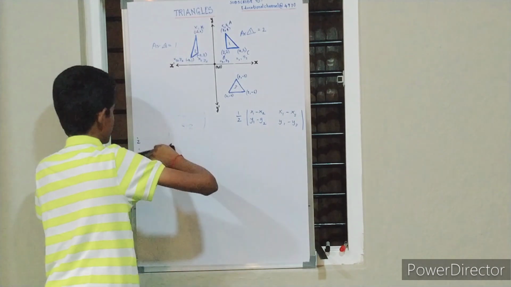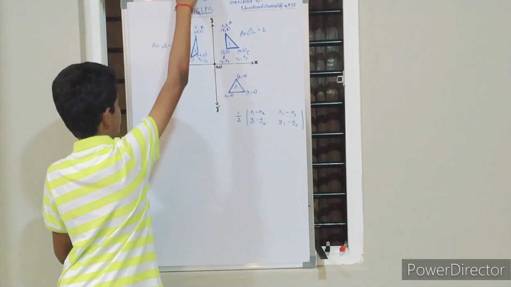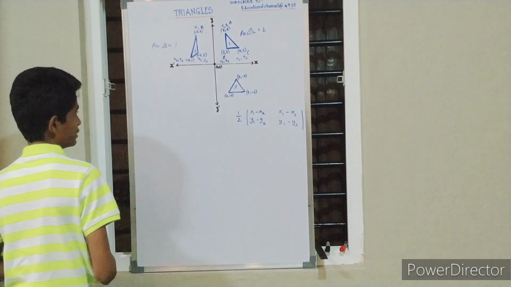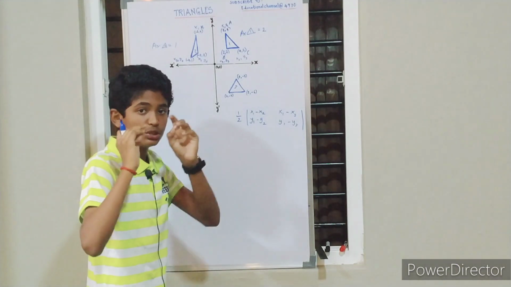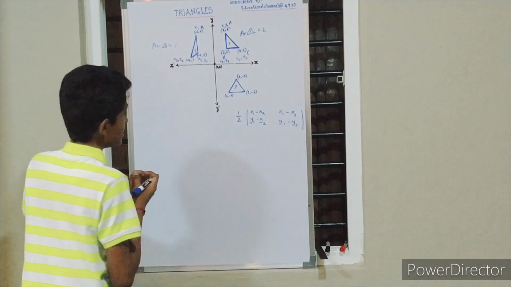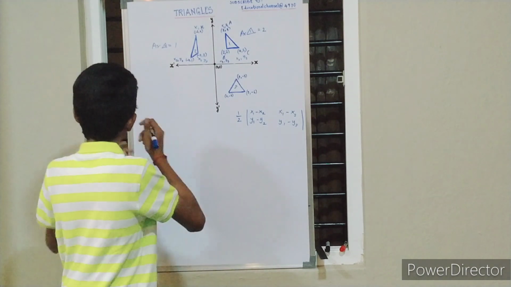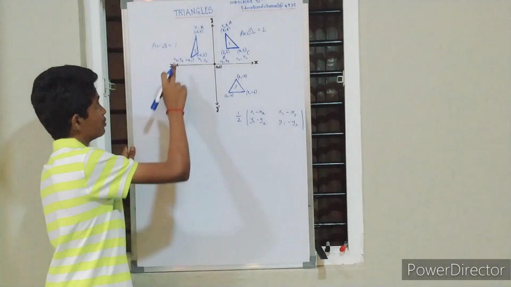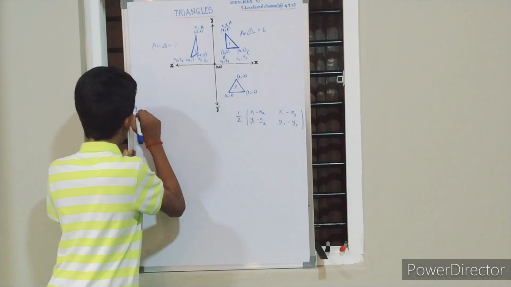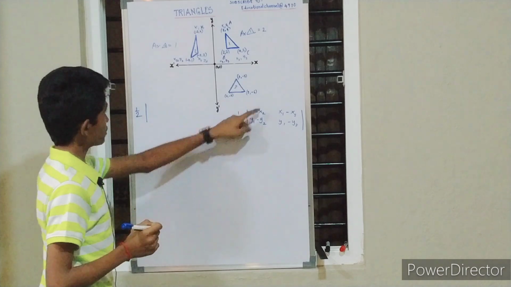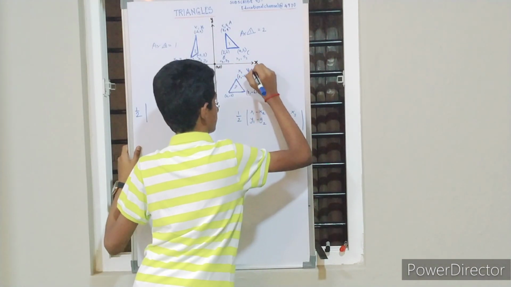Okay. The same way you can try the third one. If you want to try it on your own, pause the video. Okay. Now for the third one, and then we will move on to a new topic which will be useful in our triangles concept also. Now the last one, we have to do it quicker, okay? So half of x1 minus x2, y1.